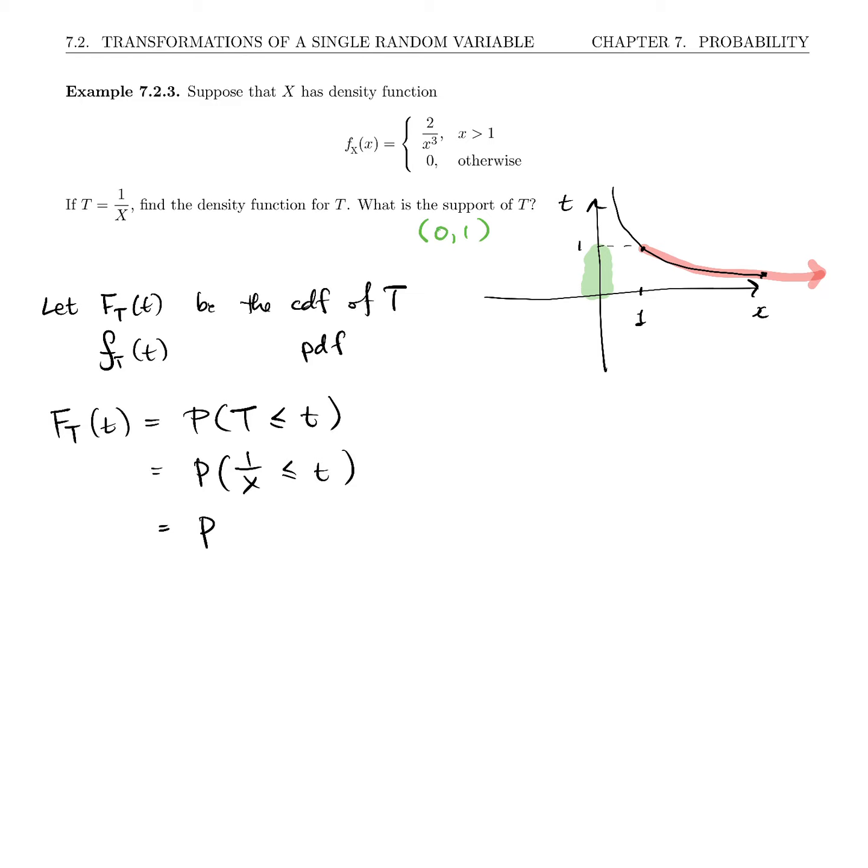If we multiply across, as long as x is greater than 0, which it is, right? If x is greater than 1, then certainly x is greater than 0. We can multiply up, and we're going to get 1 is less than or equal to x times t. And as long as our t values are positive, which they are, that's the support, we can divide. So this is the probability that 1 over t is less than or equal to x. Now, that's not what we're looking for in terms of the CDF, right?